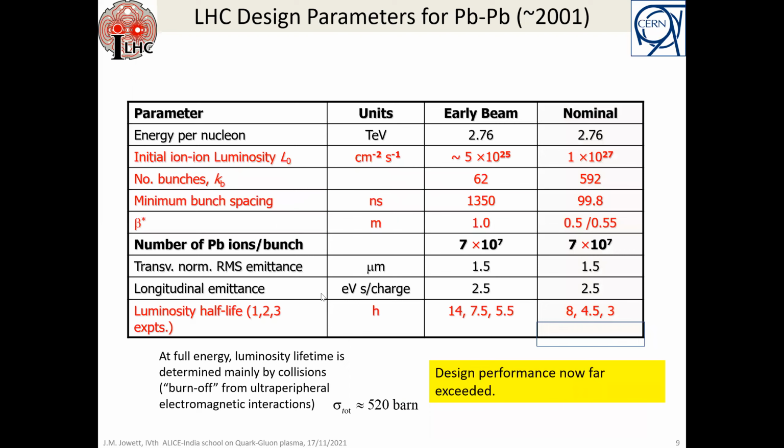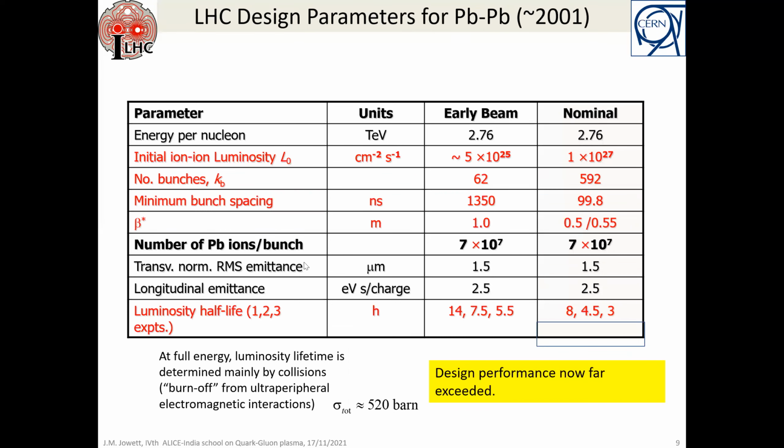Just for reference, these are the original LHC design parameters, which give the scale of luminosity at the LHC. The design luminosity was 1 × 10^27, which is also the maximum saturation luminosity of the ALICE TPC in its first incarnation in Runs 1 and 2. The energy per nucleon was this, corresponding to 7 TeV.